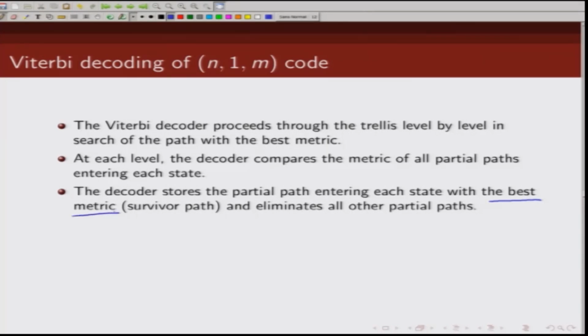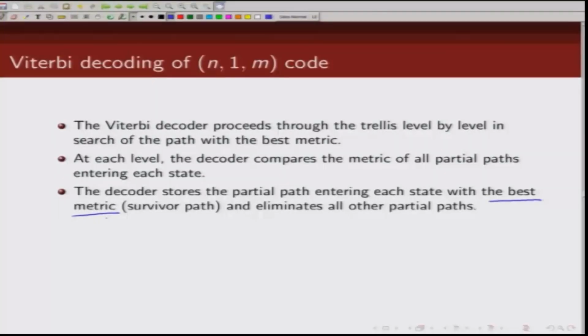Note that there are two branches converging at each state for time t greater than m. From those two branches, it is going to pick the one branch which gives us the best path metric. So, it will store that best path metric and remove all other paths which do not give us the best path metric.